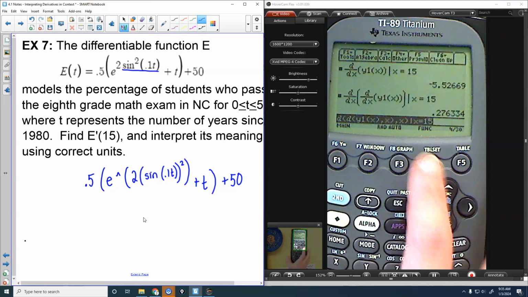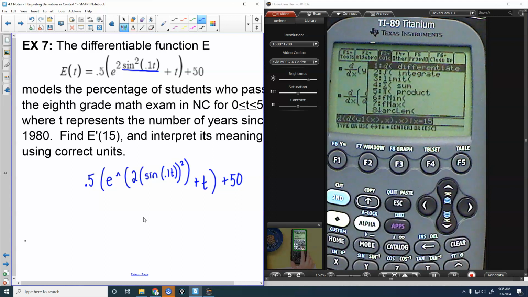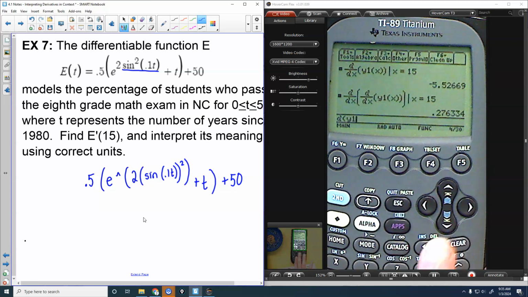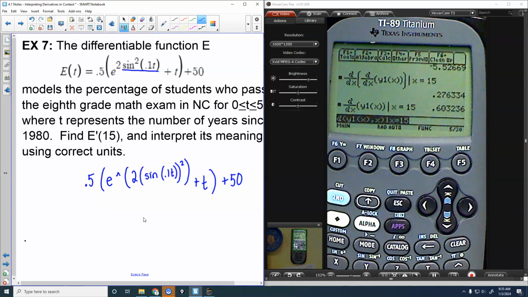We're just going to tell it F3, differentiate y1 of x, comma x, such that x equals 15. And you should get this number, 0.603236. If you do not, something's typed in wrong. So E prime of 15 equals 0.603.